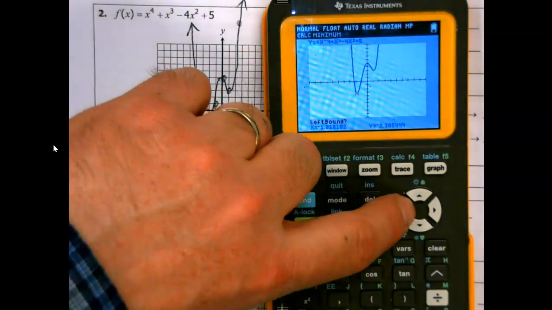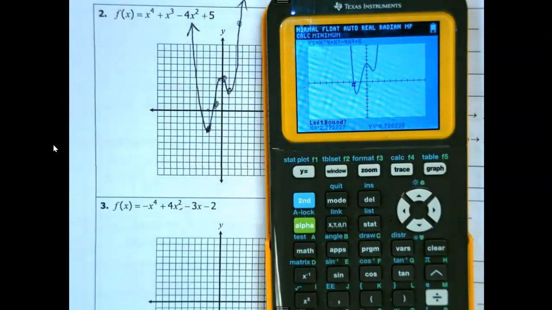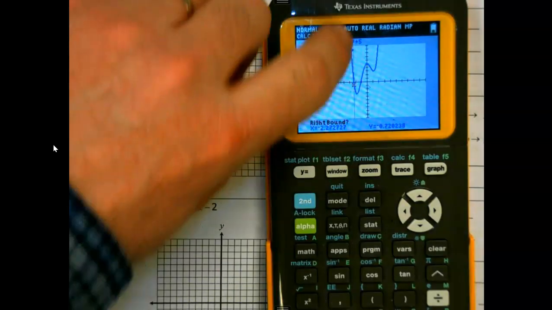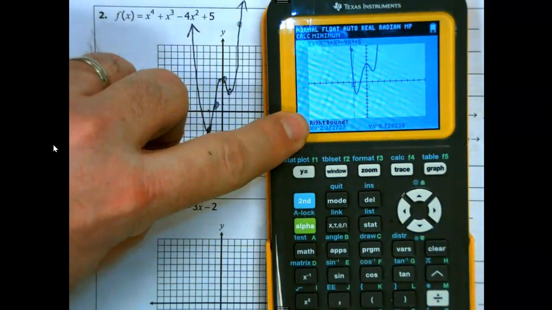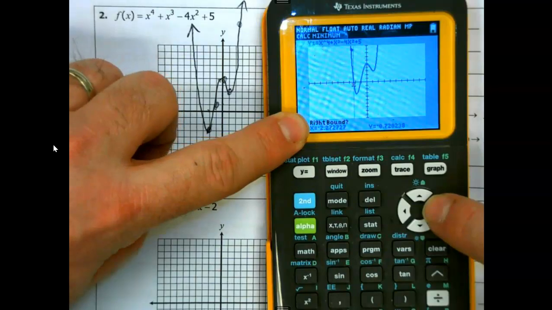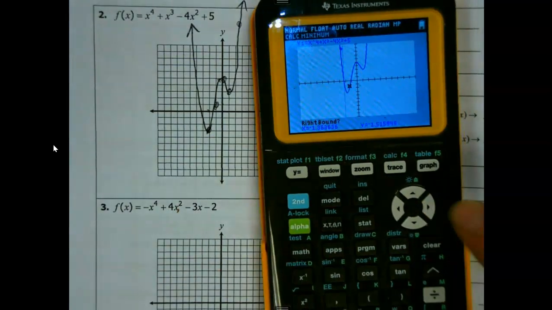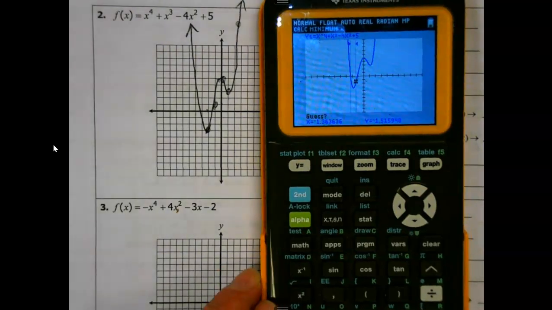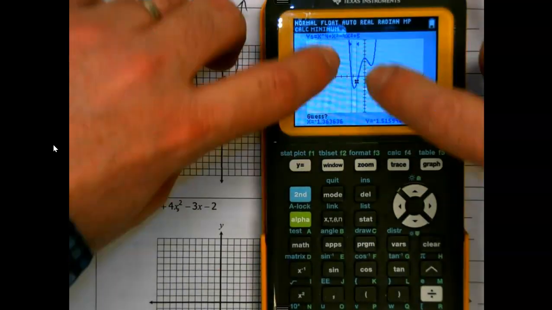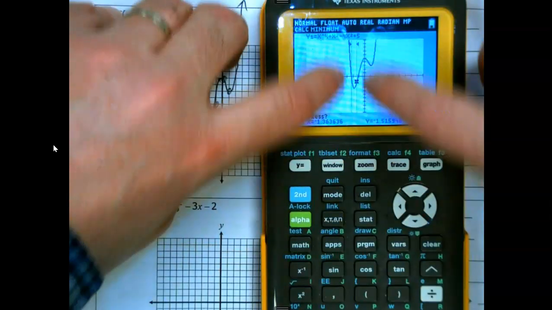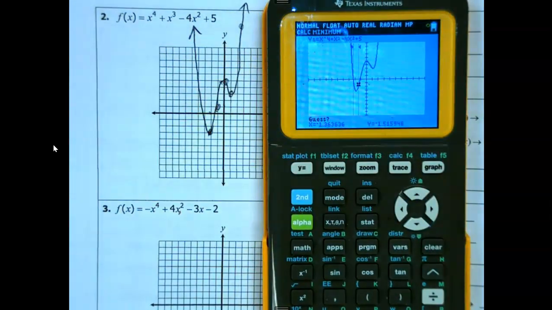Then we go left arrow, 1, 2, 3, enter, there's my boundary. Then it changes questions, right bound, right arrow, 1, 2, 3, back where I started, 4, 5, 6, enter, always got to do the enter thing.